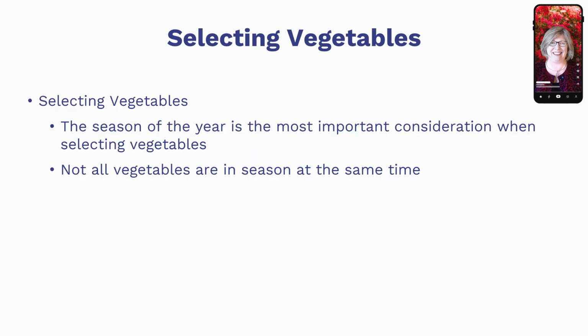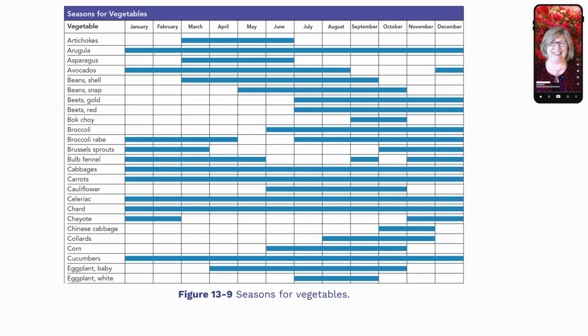Selecting vegetables, it matters what season of the year is considered in season. Not all vegetables are in season at the same time. Figure 13-9 shows seasons for vegetables in terms of when they're in season, considered ripe. And I won't read this, but I think it's very interesting for you to have.